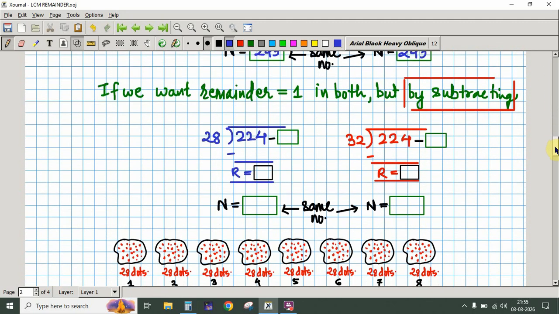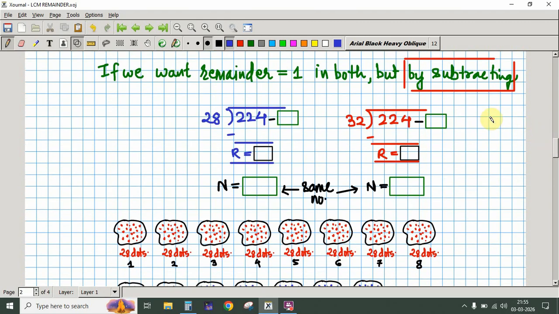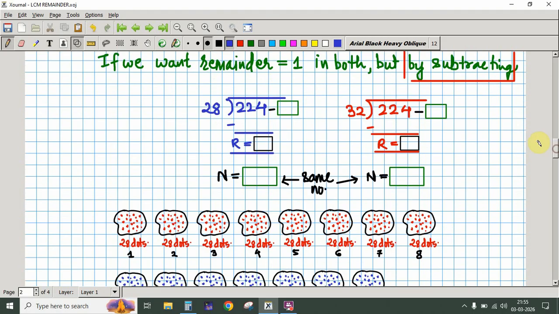Now I want remainder 1 in both divisions, but this time by subtracting. So we have to pay attention to this. I want remainder 1, but this time I don't have this extra blank set, so I'm not going to add this time. What I have is the last 8th set, where I have 28 objects or 28 dots.